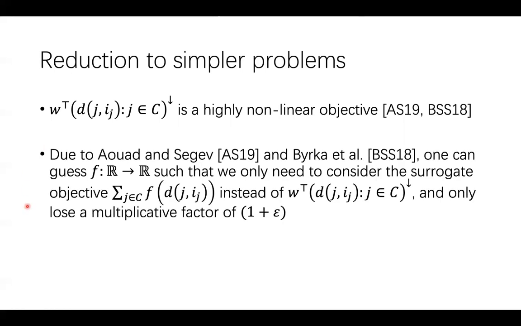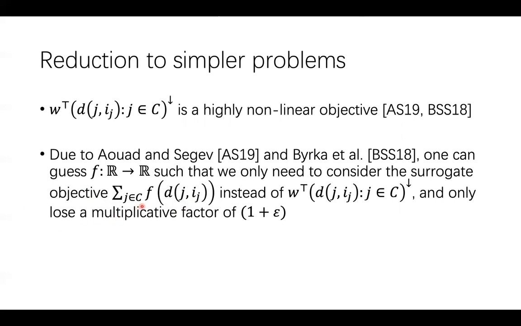To tackle this problem, there are some recent results showing that instead of directly attacking this objective, we can actually guess a function called f and replace the objective using the sum of f of the distances from each client to its assigned facility. Because it's a sum, it is arguably much easier to deal with.